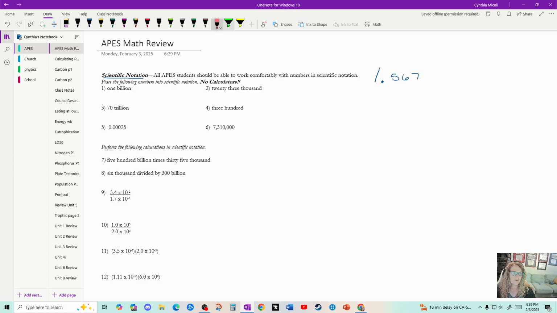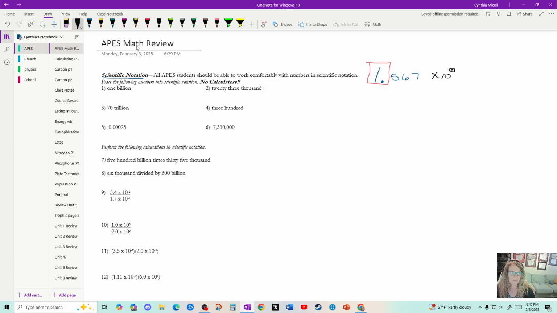So you will always only have one number to the left of the decimal point. The key here is however many times you have to move the decimal point to get to that one number to the left, you then add this 10 to the power of something, 10 to the x.